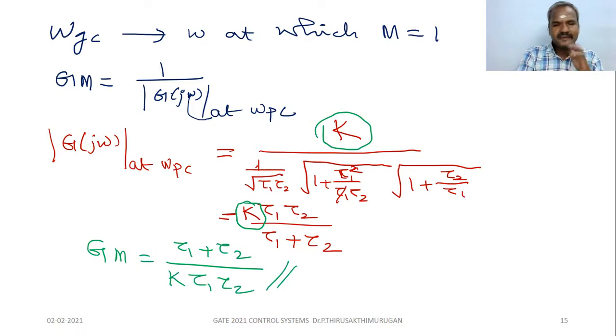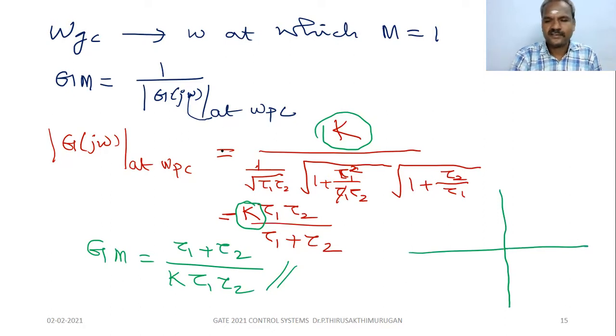So from the polar plot, after plotting the polar response, how do we find the k value for different gain margin and phase margin? Consider this case, the polar plot for this k value. We don't know the exact k for this transfer function, but the polar plot is typically like this.